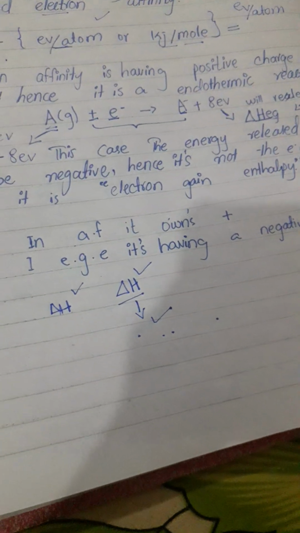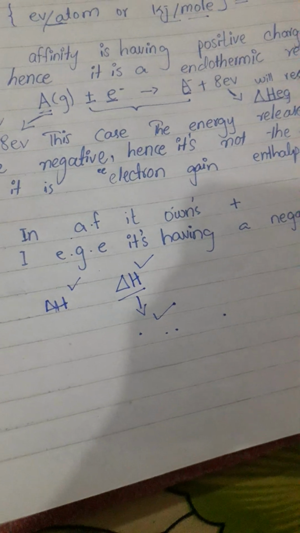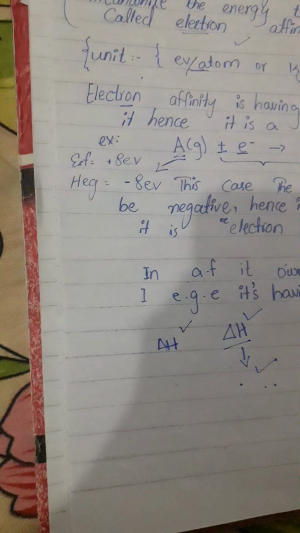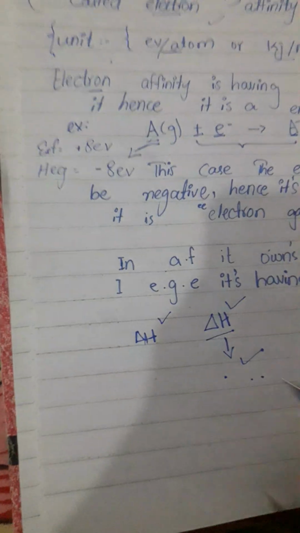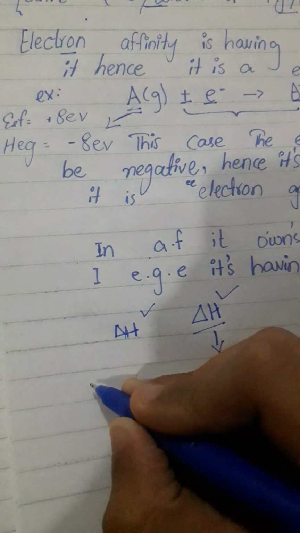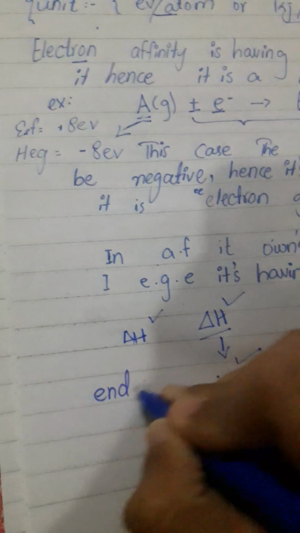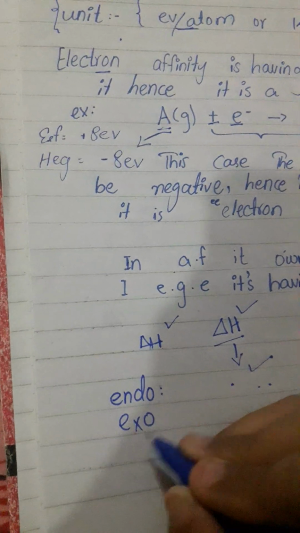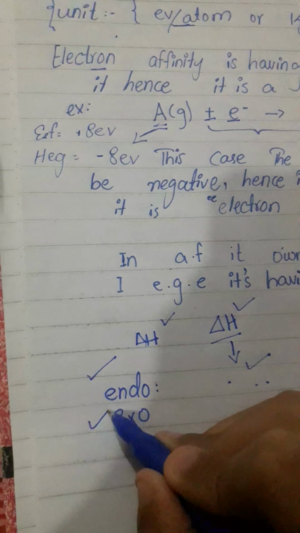As I told, it is quite similar to electron affinity and ionization potential. Let me describe the two processes as well, endothermic and exothermic. What basically do endo and exo say?